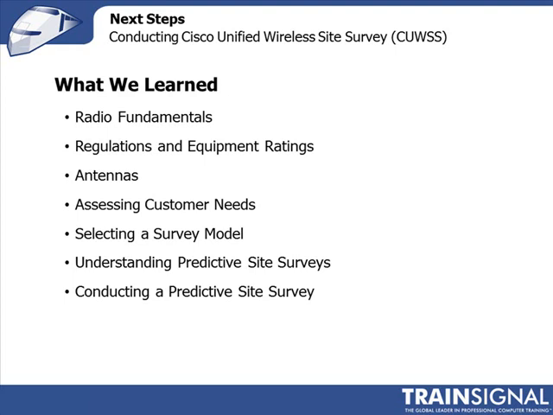We then went on and actually did a demo of creating a predictive site survey, and we did a predictive site survey for the Train Signal headquarters location using the Cisco Wireless Control System tool, and we used that tool in planning mode.